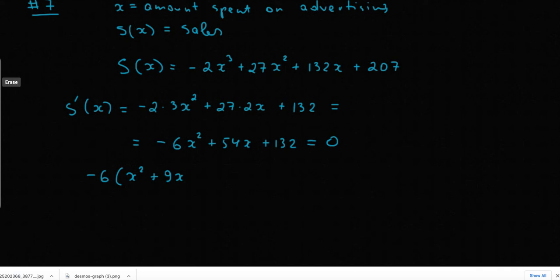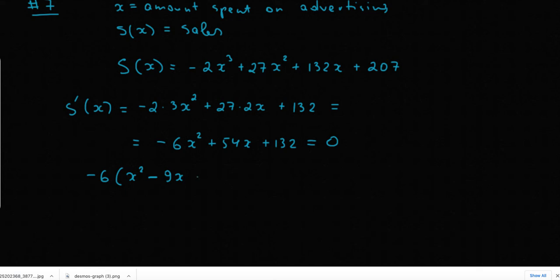Actually, I just made a mistake. It should not be 9x, it should be -9x. The reason is that I'm factoring -6 out of positive 54. Essentially, I'm dividing positive 54 by the -6 that I factored out, and so the result is -9.